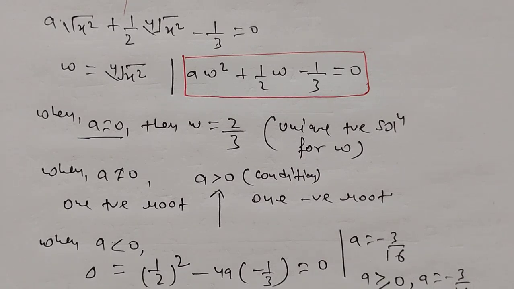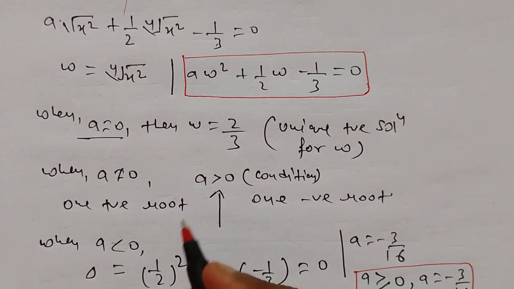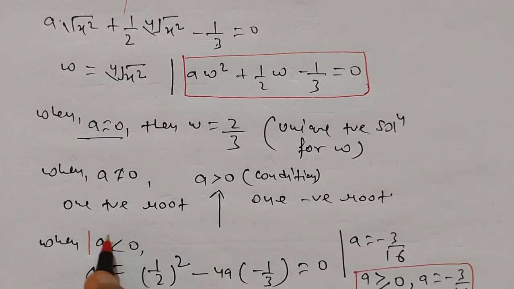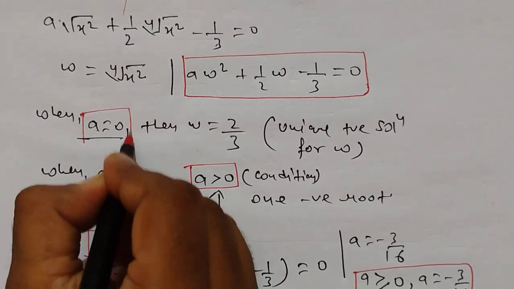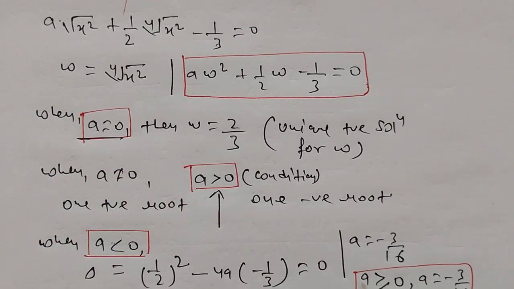So this is the final range of a: a is greater than or equal to 0, and the second alternative is a is equal to minus 3 by 16. So we basically have three conditions here. This is the third condition, this is the second condition, and this is the first condition.